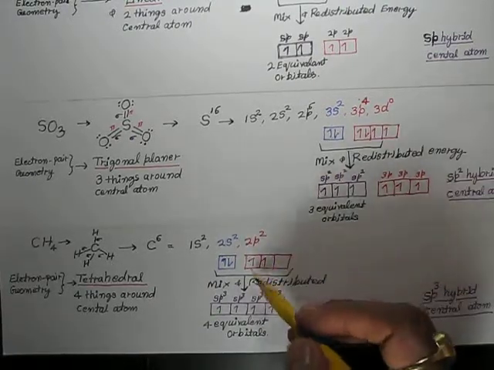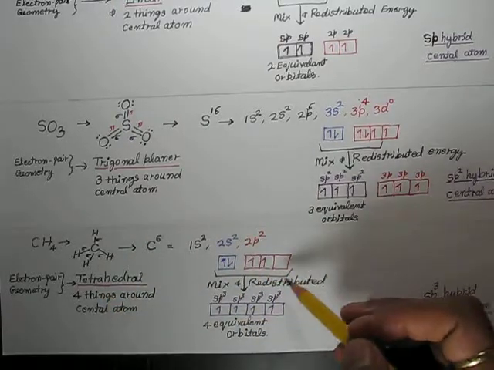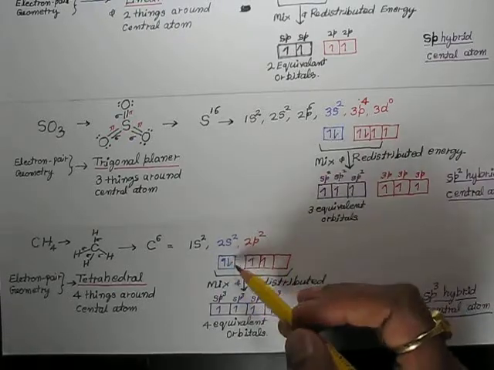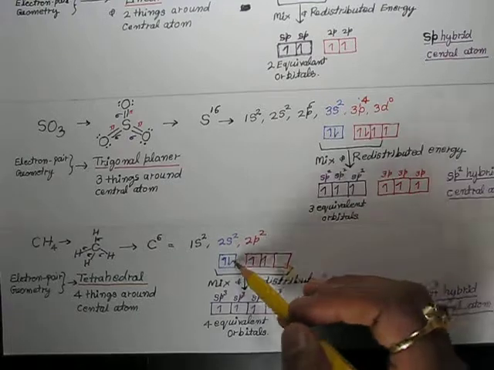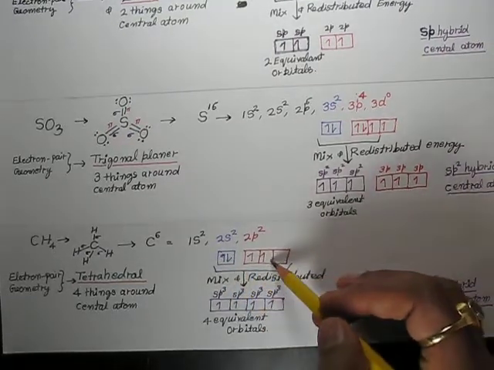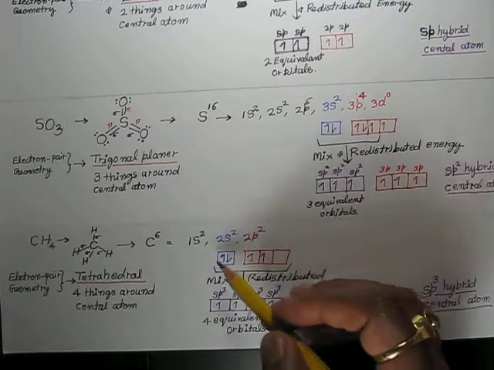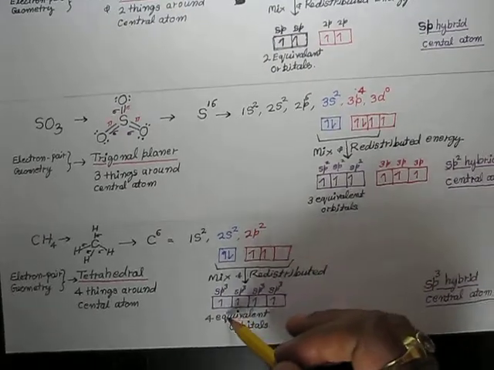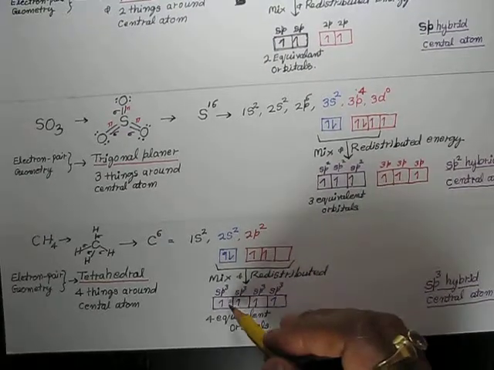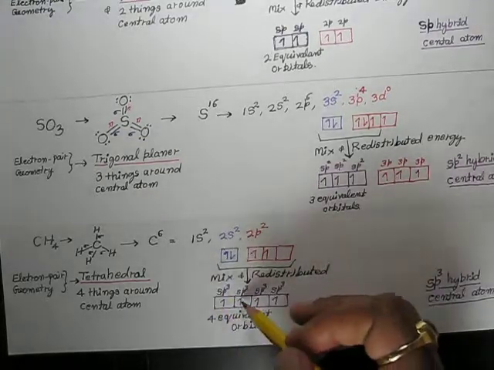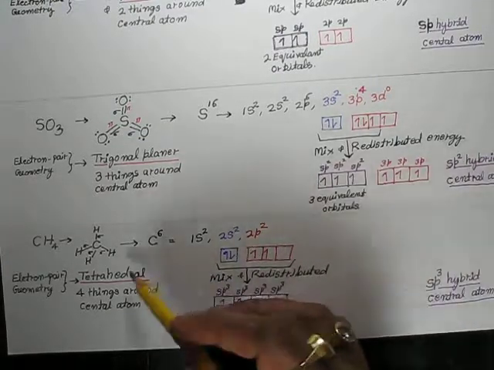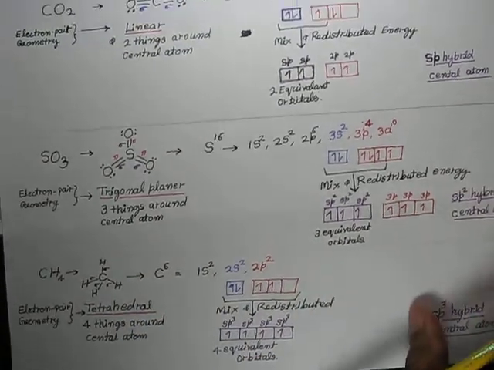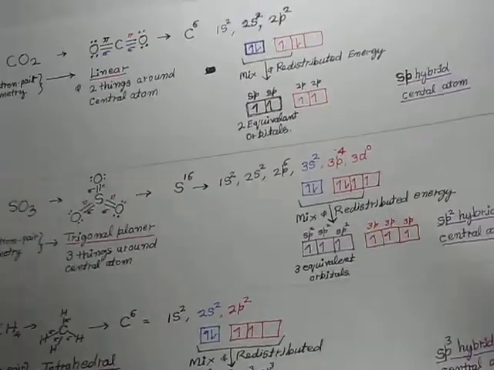So carbon needs 8 electrons in total, and since it is already s2 and they have two different types of energy, it uses all three orbitals from the p and one orbital from the s, mixes them and redistributes to make 4 equivalent orbitals which contain one electron only, so that they can have another electron from the hydrogen to make it 8. So this is the way hybridization occurs.